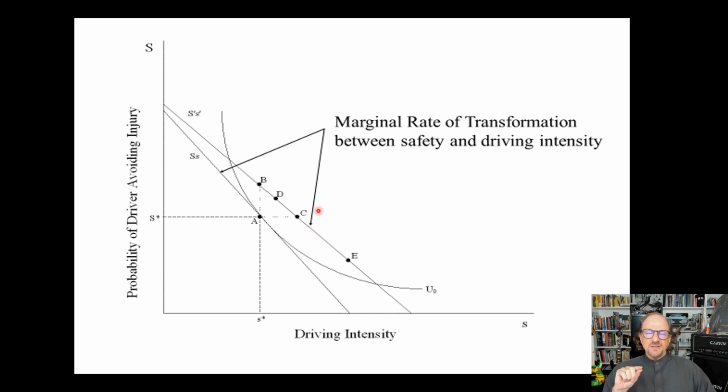And the expectation that analysts often make is that people will retain the same driving intensity, and that we're putting in this project to improve safety, so all the benefits will be for safety, and we'll move to point B.